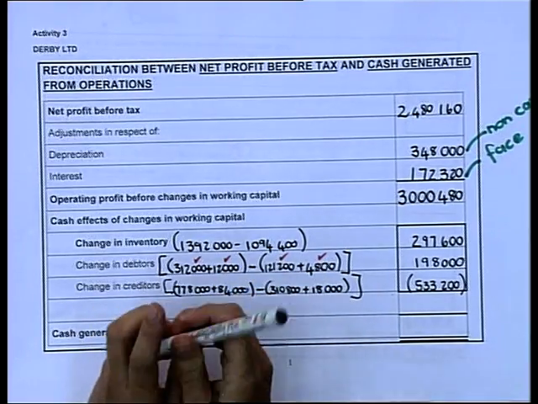At the beginning of the year, there was around 862,000 that I, being the company, owed creditors. At the end of the year, I only owe them 368,000 Rand. It means I have taken the cash in the business and I have paid my creditors. What happened to cash? Outflow of cash. Therefore, I put it in brackets in my note.